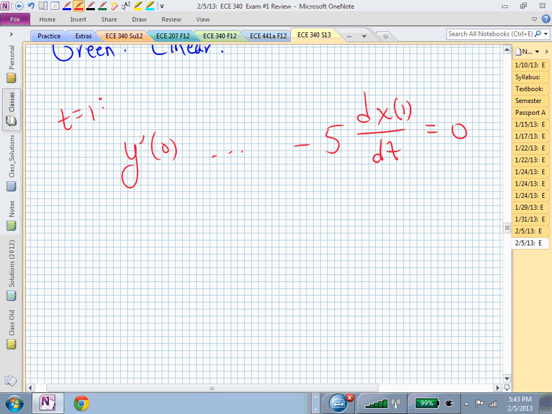Now it's saying that my output, its derivative, at the present time depends on a future input, an input at time t equal 1. So this is actually a non-causal system. I plugged in 1 for t just to make this argument nice. You could plug in any value you might want.